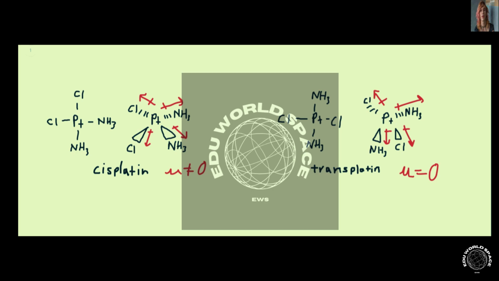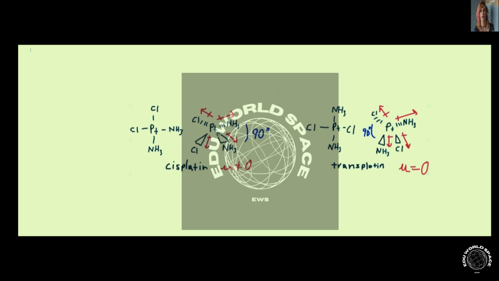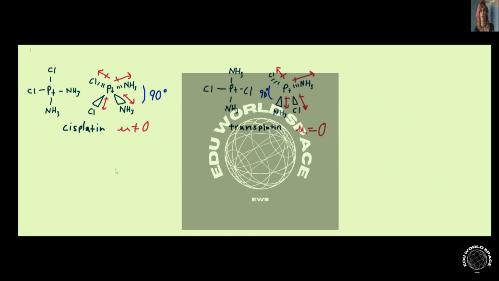Well, first, it's important to remember that this is a square planar structure, so all of these angles are going to be 90 degrees. Now, imagine your cisplatin is going to interact with your DNA.